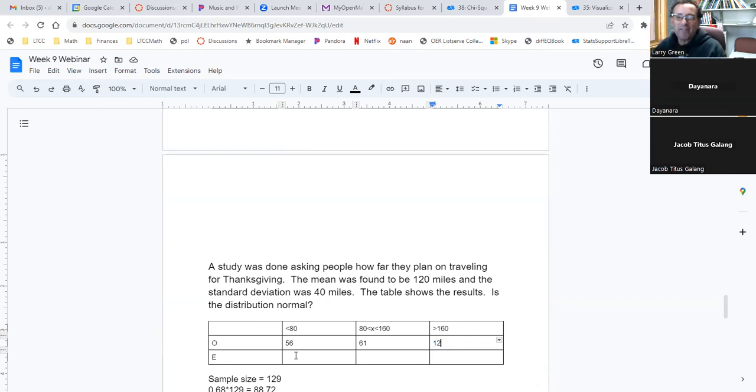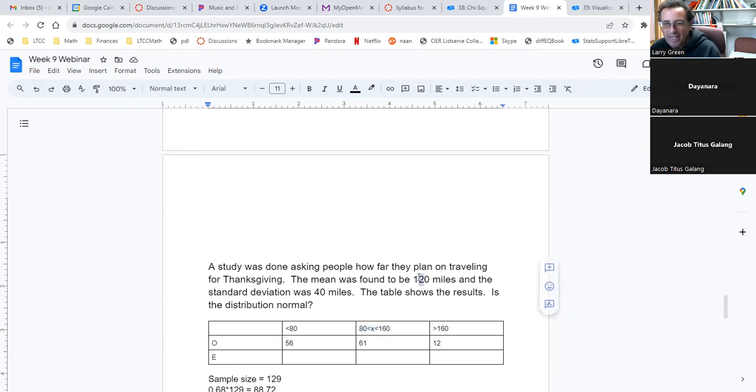Okay. Now we want to find the expected. How do I find the expected? Let me start with between 80 and 160. How do I find that expected value, that expected number? Any thoughts? It's been a while since we've thought about this, but it's important. There's something really nice about the number 80 and the number 160.